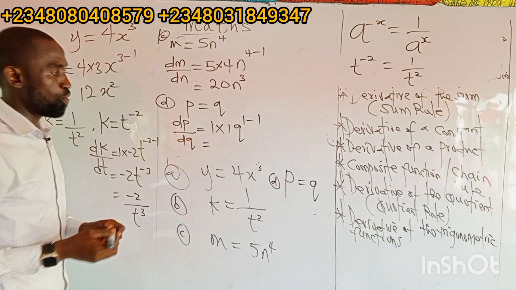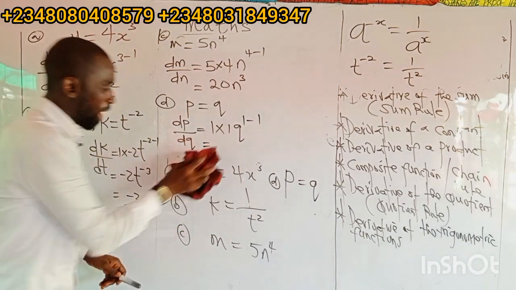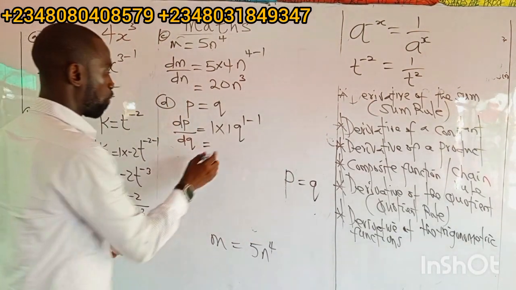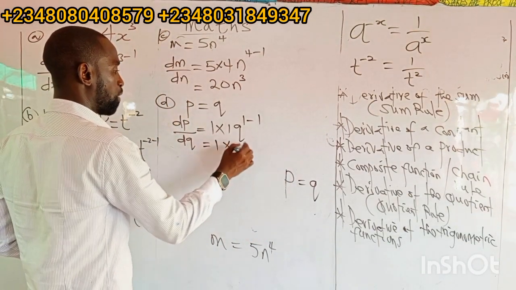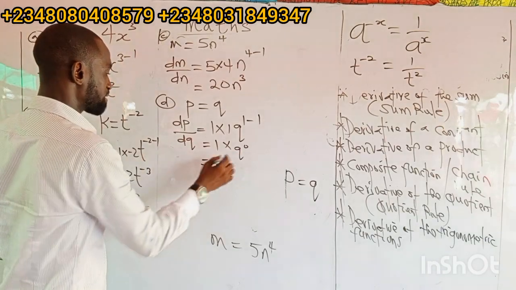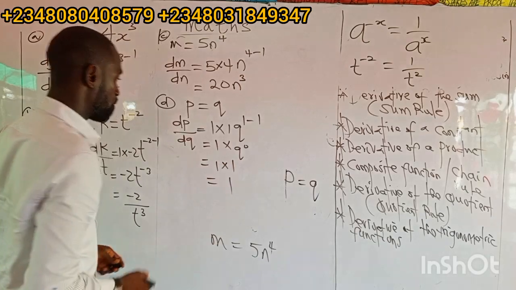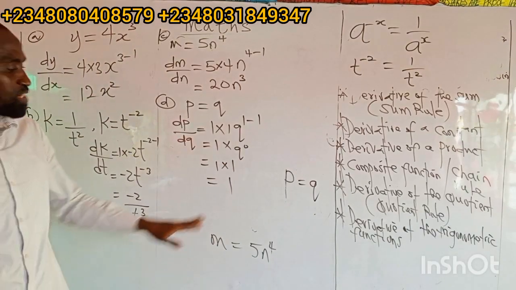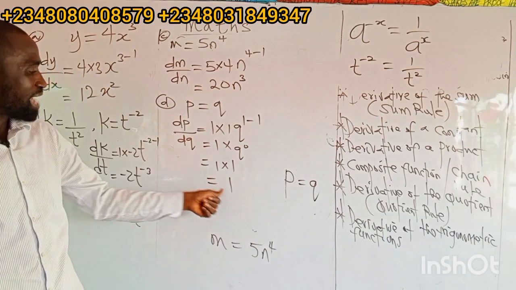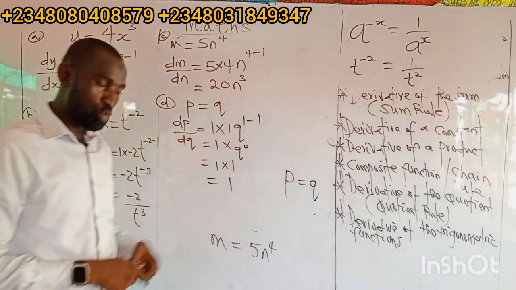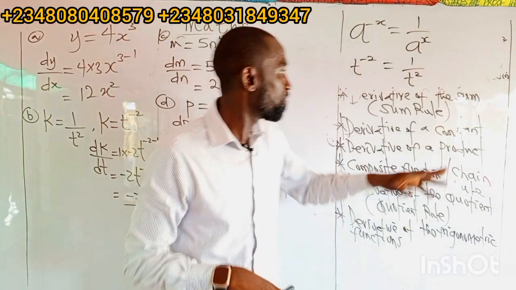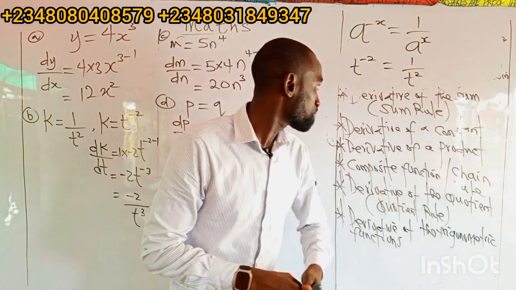So we have 1 times 1, that is 1, times Q raised to power 0. What is Q raised to power 0? 1. Now 1 times 1 gives us 1. So if we have to find the derivative of P equals Q, our answer will be equal to 1. So we solved all these questions from the general rule of differentiation.